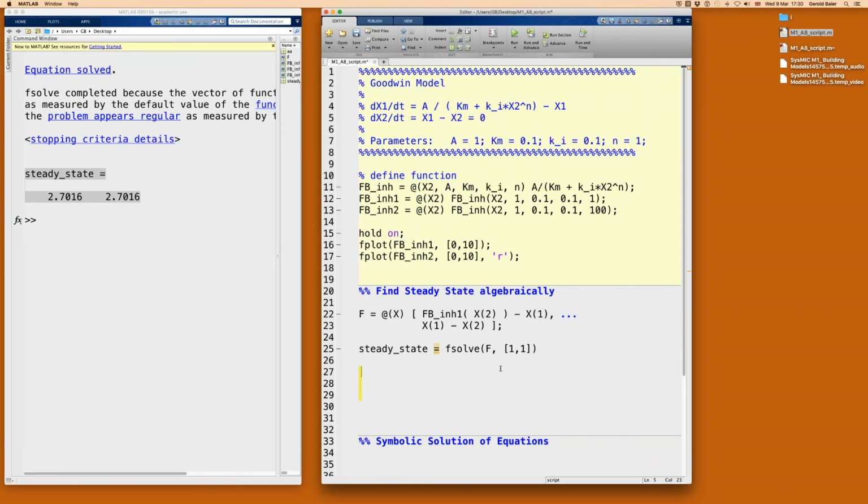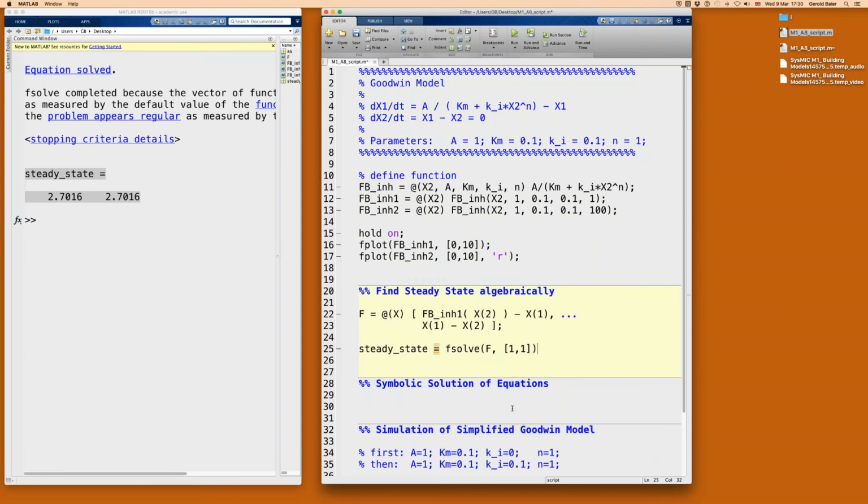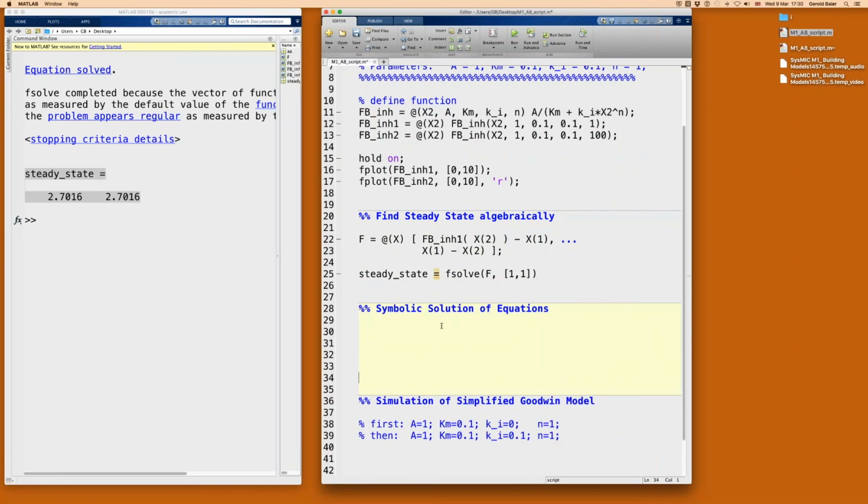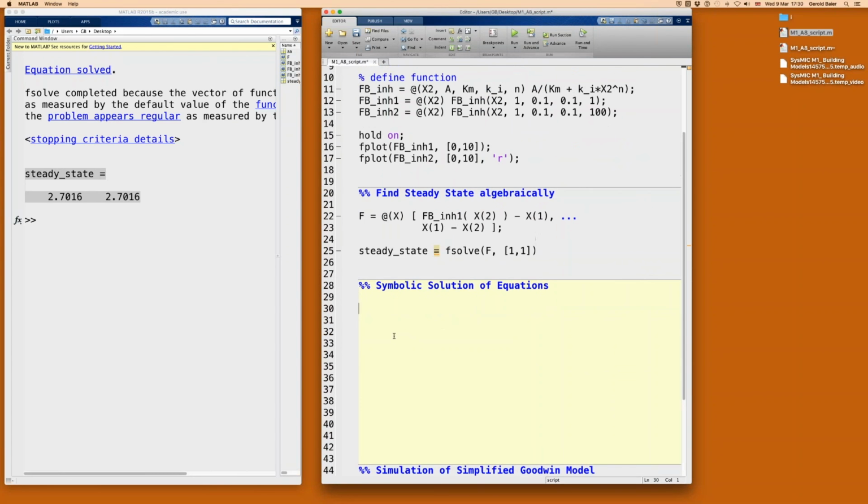Okay, so we've done that algebraically. Should we have a go at doing that symbolically as well? Just for practice, and also to have a bit of a wider repertoire. Symbolically is now not numeric, but the explicit solution of the equation. So we need to define the symbolic variables first using the syms command, so x1, x2. And then we need to define some symbolic functions.